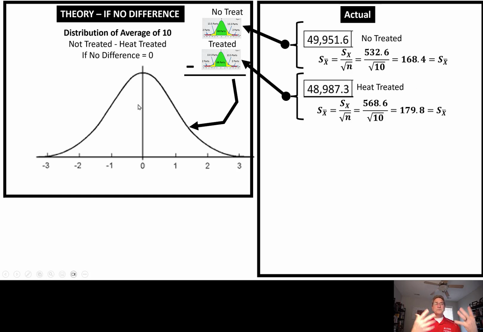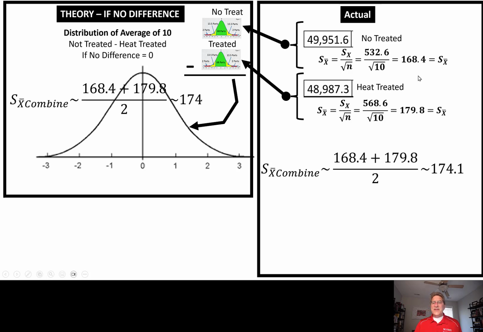And so the difference between those two is also going to be random variables, because the initial things I subtracted were random variables. So I'm going to take these two standard deviations and average them and say, you know what? This difference is going to have about that standard deviation.